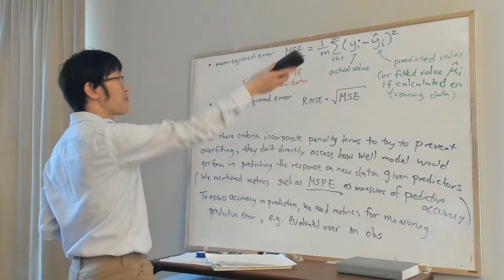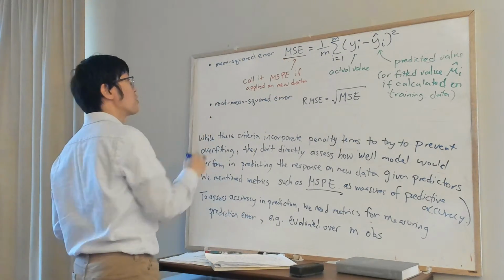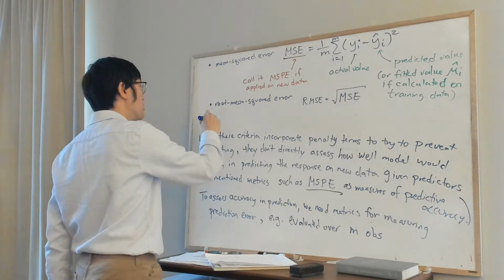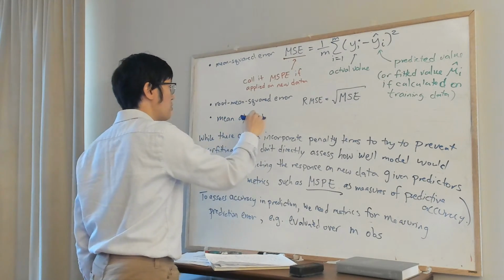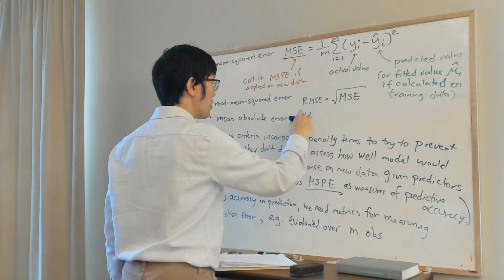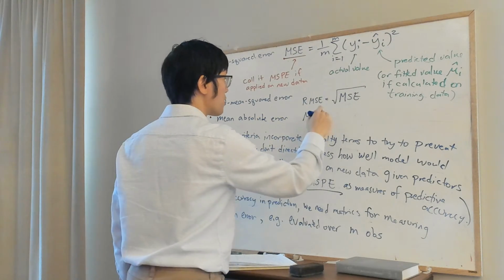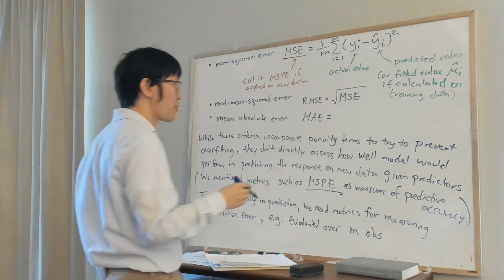Now of course you don't have to use squared. We can also do other things, for example, mean absolute error. Instead of taking the squared errors, we can take the absolute values of the errors and average them.